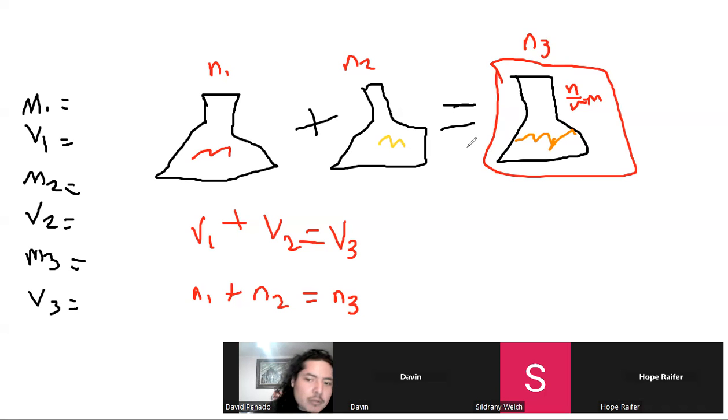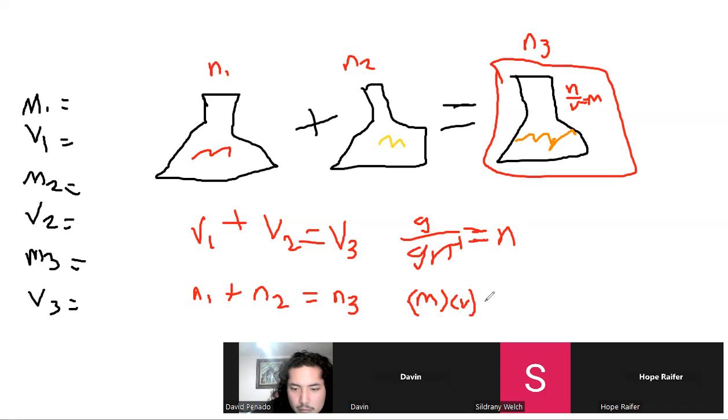How do you get the mole? Remember the 2 ways to get moles? The first way is grams over grams per mole. The other way is molarity times volume.